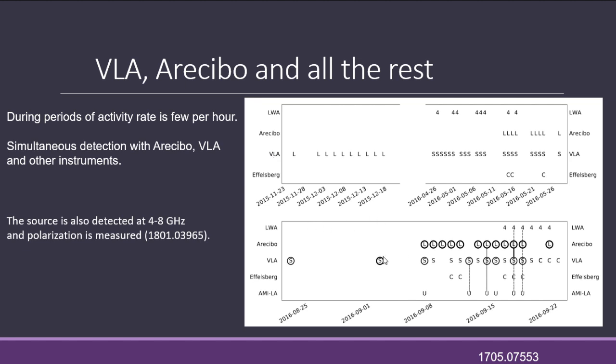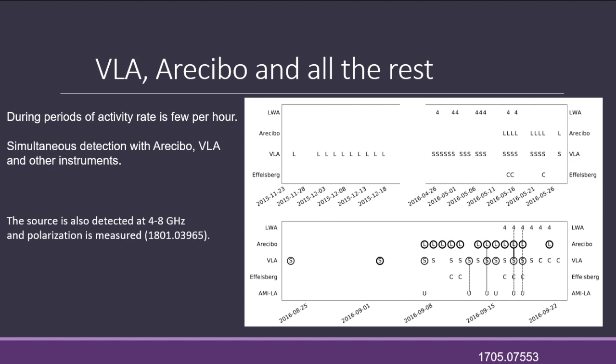Those with circles correspond to detections of a burst. So here, for example, they looked at the source, but VLA detected nothing. And if we have a circle, it was detected with VLA. And if these observations are connected with a solid line, then it means that simultaneously the source was detected by several instruments. It also helps to determine the position of the source with huge precision. But even VLA is enough.